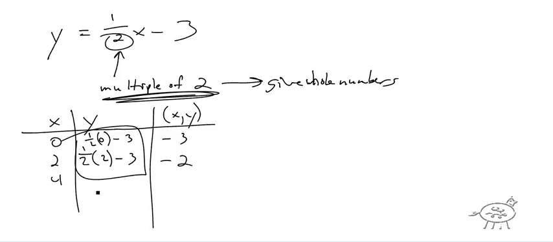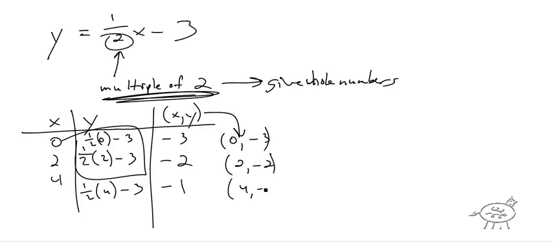I put a 4 in there: 1/2 times 4 minus 3. So half of 4 is 2, 2 minus 3 is negative 1. So those are your coordinates. It's going to be 0, negative 3; 2, negative 2; and 4, negative 1.